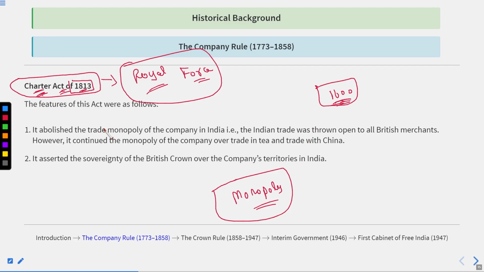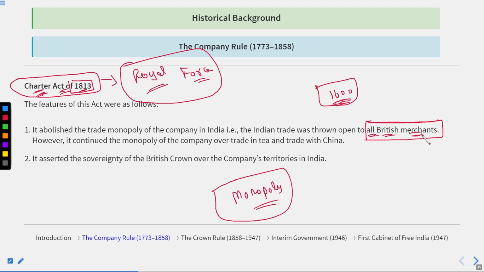The trade monopoly of the company was abolished, and all the other British merchants, who were not stakeholders of the East India Company, also got the permission to do trade with India.